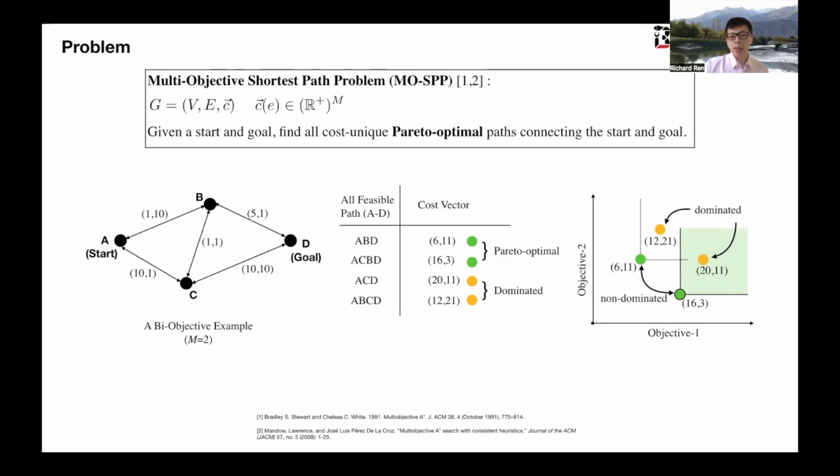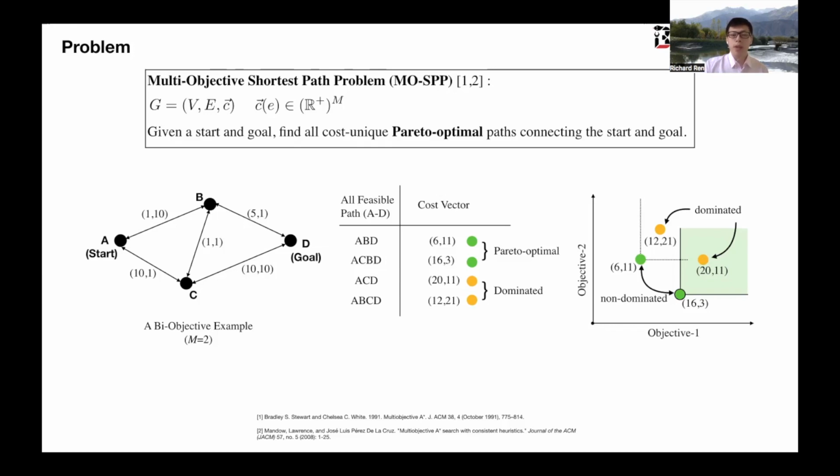And for path ACD and ABCD, their corresponding cost vectors are dominated. Intuitively, given two vectors, A and B, if A dominates B, then A is better than B along all dimensions. The set of all Pareto optimal cost vectors form the so-called Pareto optimal front.